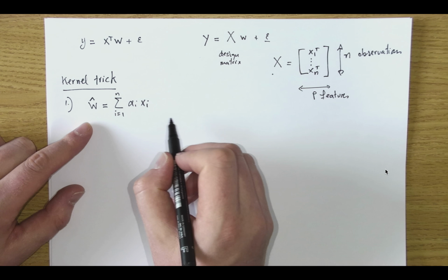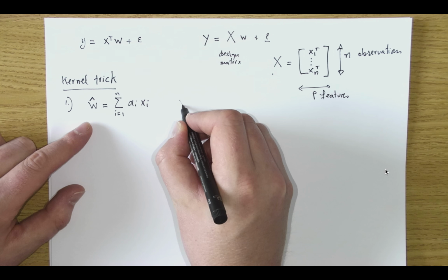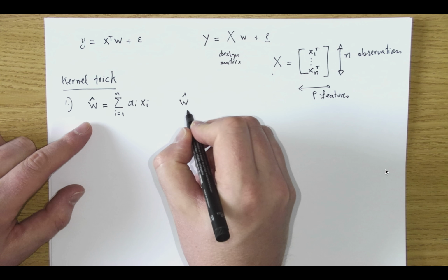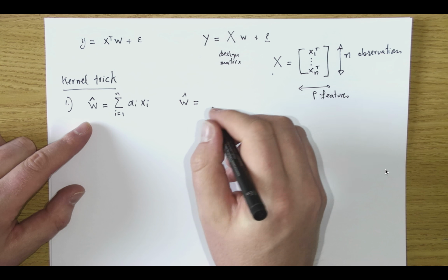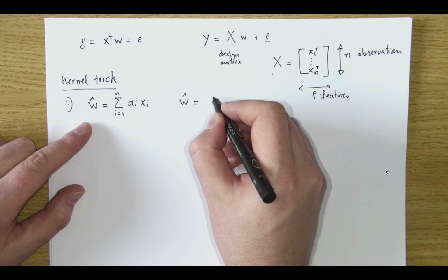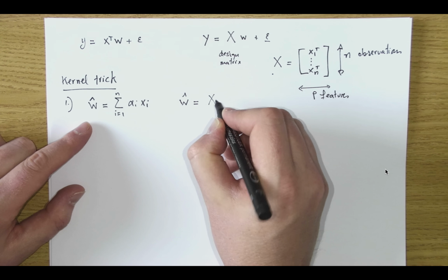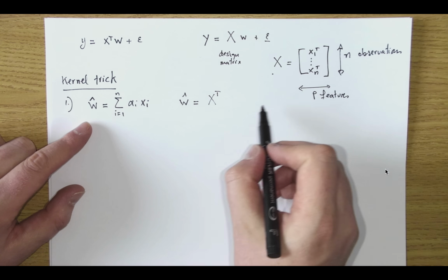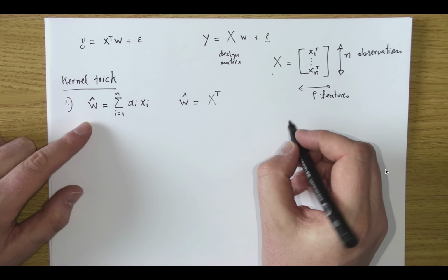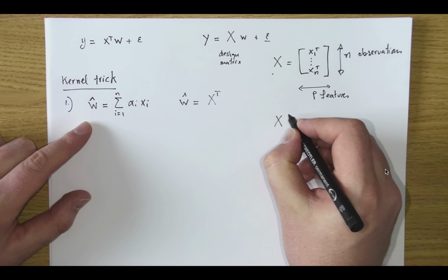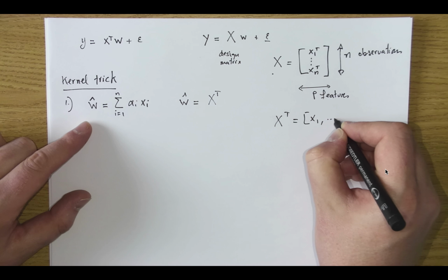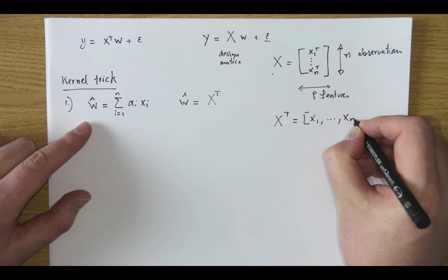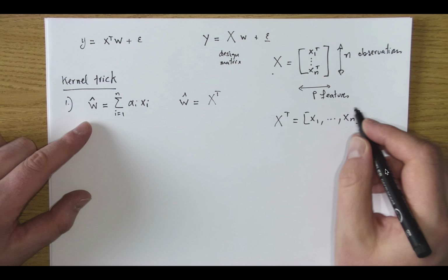If you write that in matrix notation, you would realize that the optimal value for w can be written as X transpose times alpha. X transpose is the transpose of the design matrix, which is now all the vectors lined up column by column.